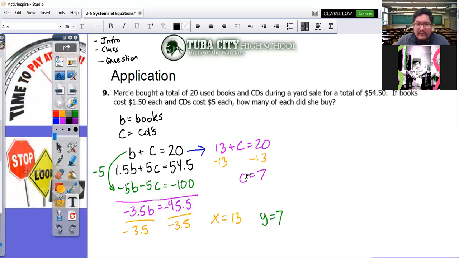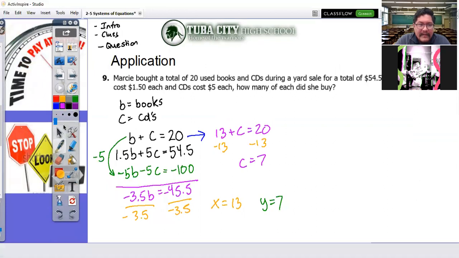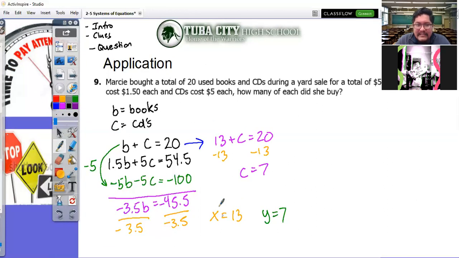I also noticed that I changed it from X to Y. So B and C should have been B and C, not X and Y, just out of habit. And in this case, it doesn't make sense to put them in an ordered pair because nobody anywhere ever said books have to go first before CDs. So we could just say 13 books and 7 CDs.